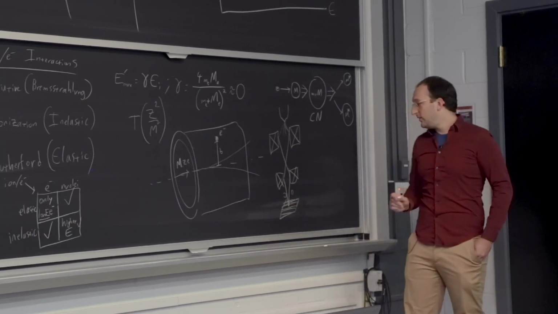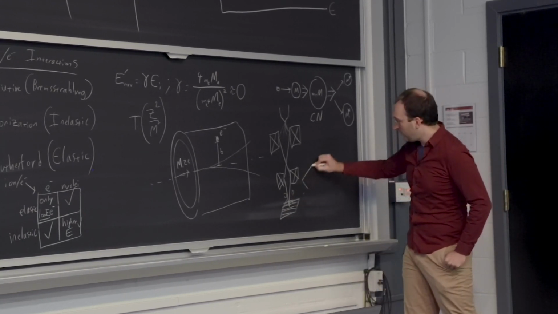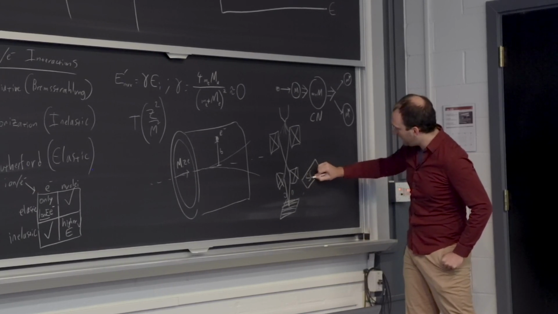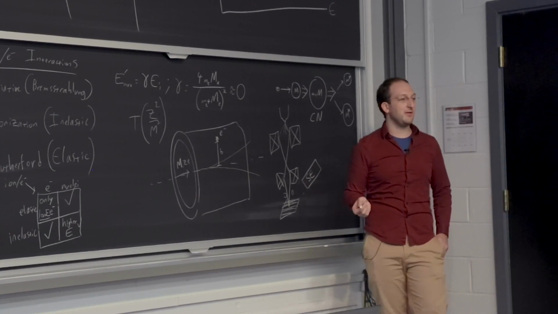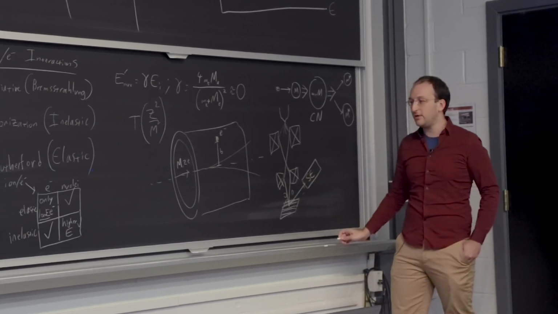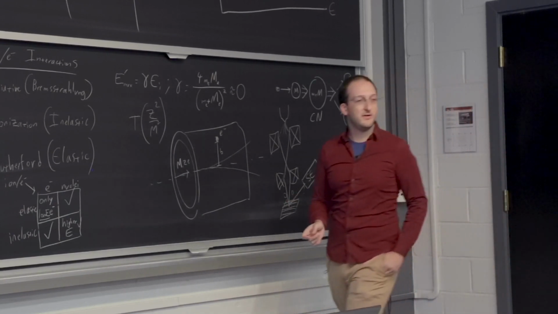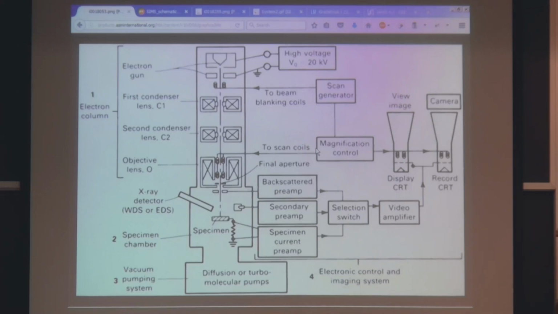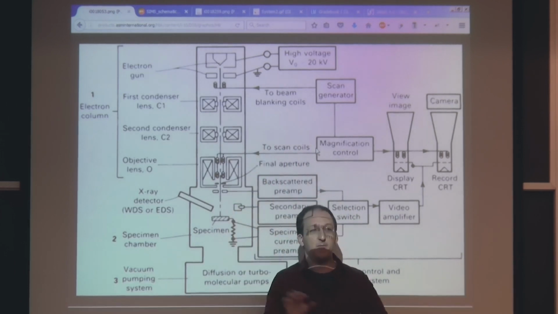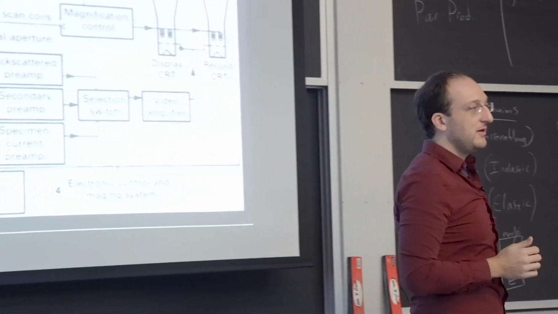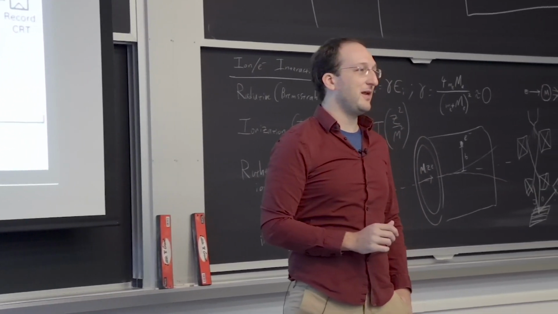In this way, you're putting the electron beam at one part of your material, and then with another detector, let's call it a secondary electron detector, looking at the electrons produced from collisions with those other electrons that then get detected here. The number of electrons produced at any point gives you the brightness of the image. That's as simple as it is, despite how complicated this diagram looks. There's an electron source, there's coils that scan it back and forth. Has anyone ever seen the old cathode ray tube or CRT televisions? There's going to come a day when that answer is no.